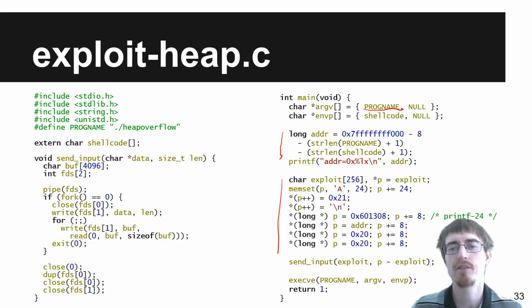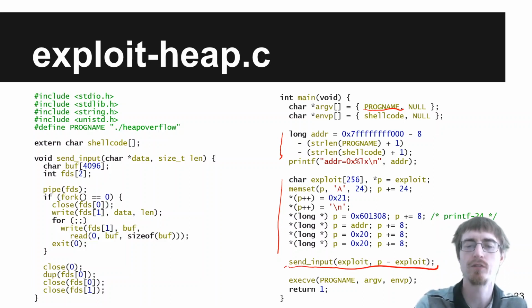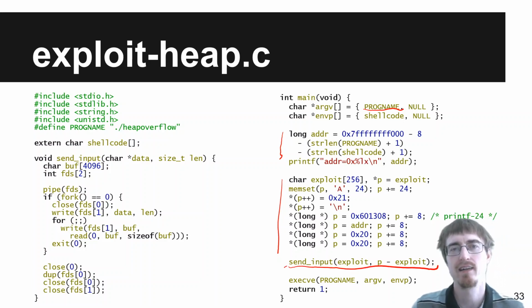So we make a buffer and we write all the correct values into the buffer. Again, we can do computations if we want, and we reuse, for example, the shellcode address that we just computed. Now we use the send input function before calling exec. Now this seems weird, right? How can we send some input to some program that wasn't even started yet?